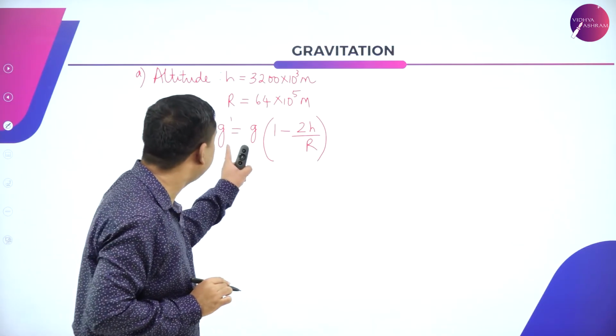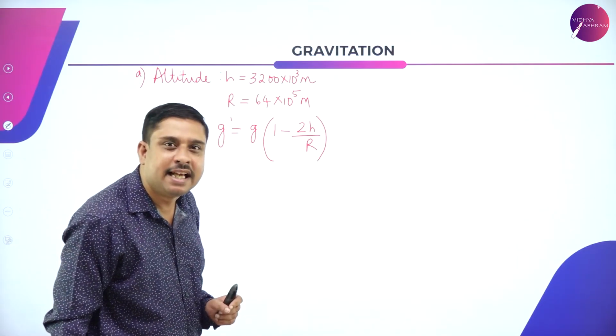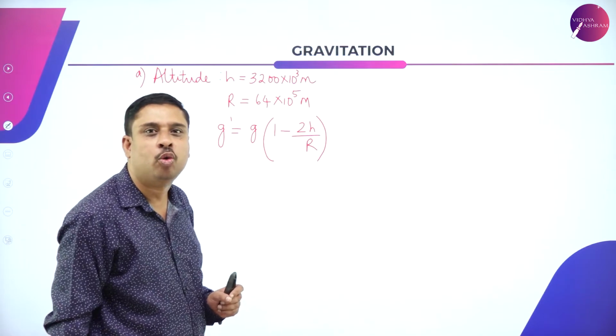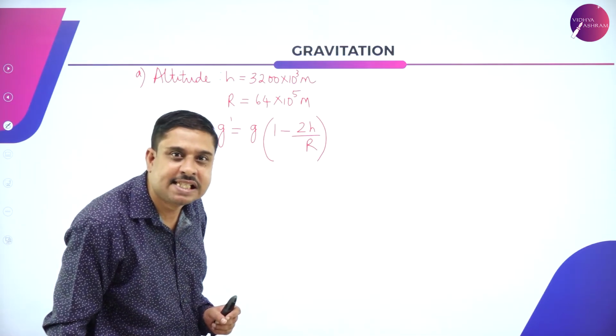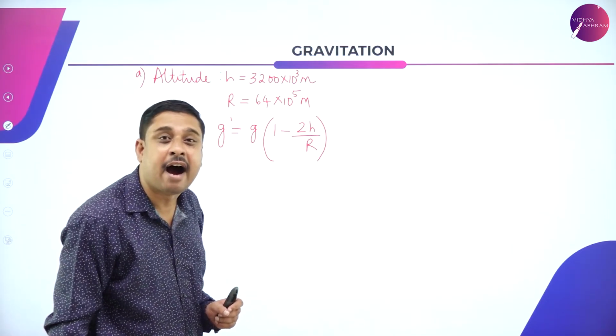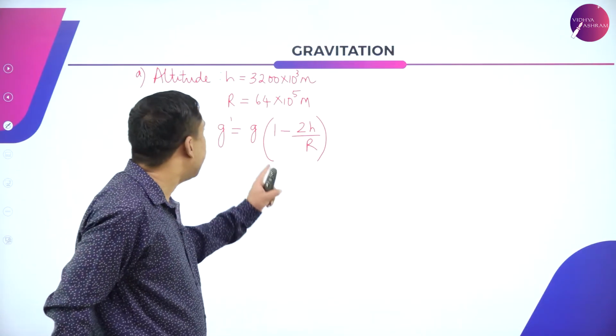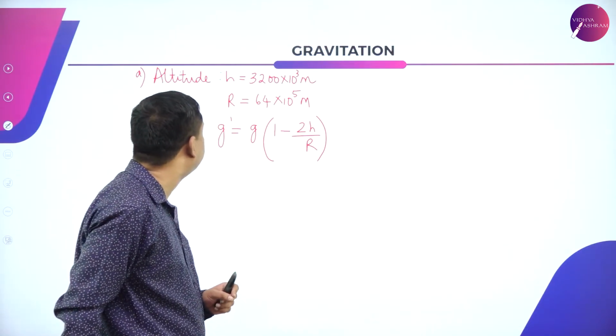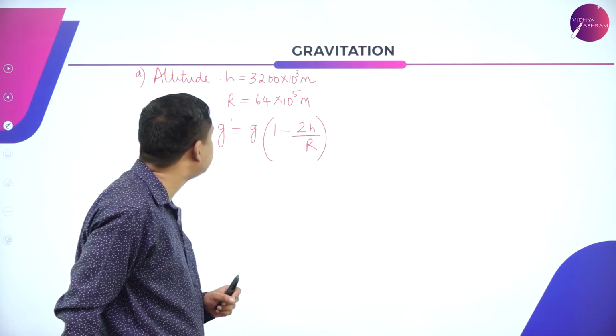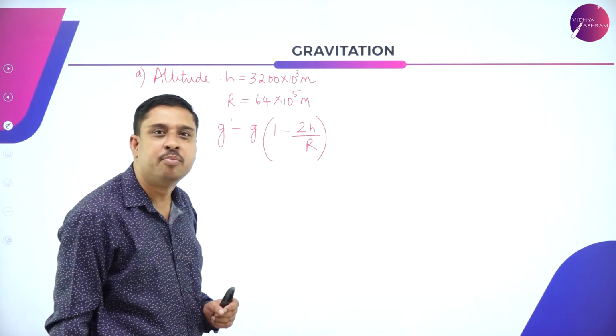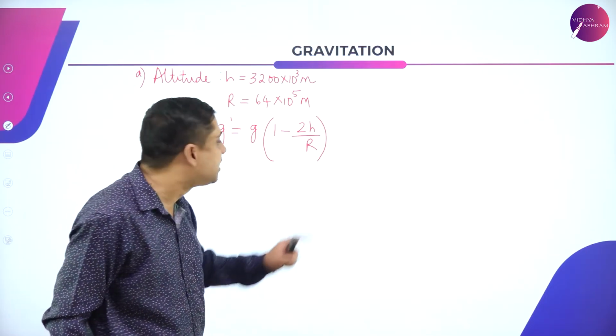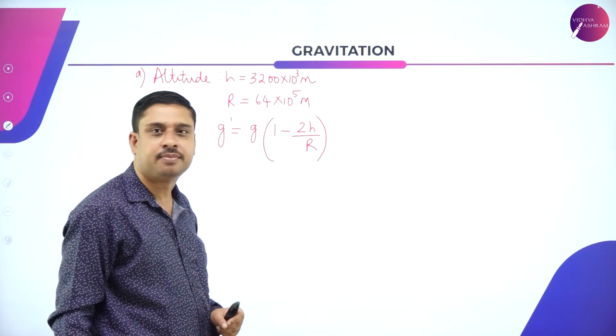If you remember, acceleration due to gravity at a height h above the surface of the earth, G dash equals G into 1 minus 2h divided by r.